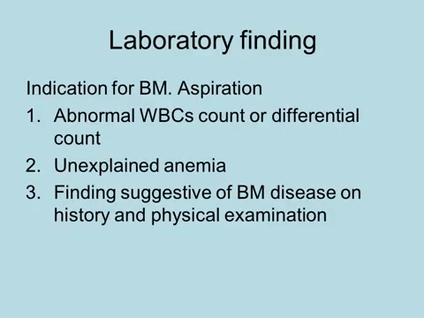The indication for bone marrow aspirates is, first of all, presence of abnormal white cell count or differential count, unexplained anemia, and finding suggestive of bone marrow disease on history and physical exam. For the time being, usually we start treatment depending on the peripheral blood film and the platelet count, and not do bone marrow aspirate routinely.